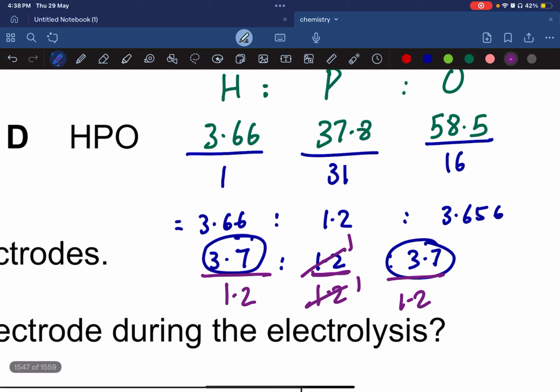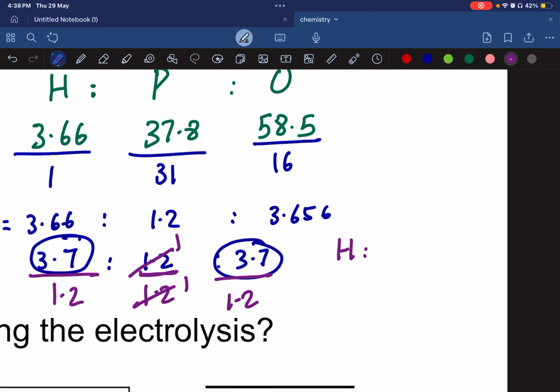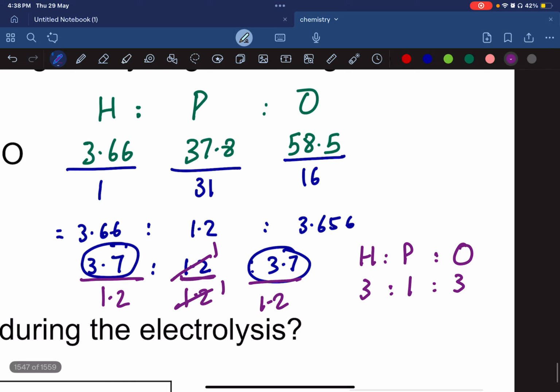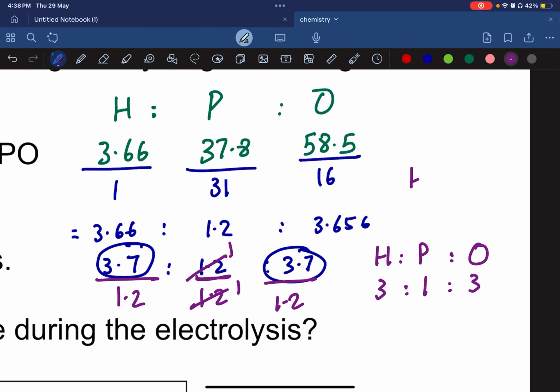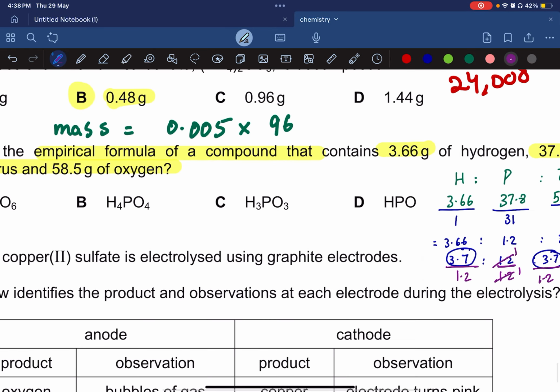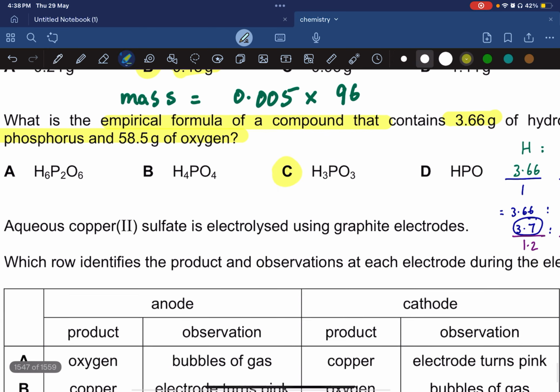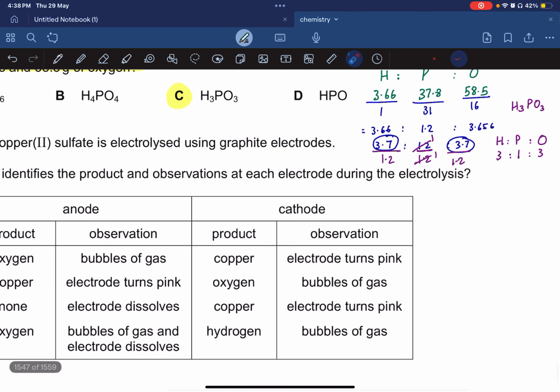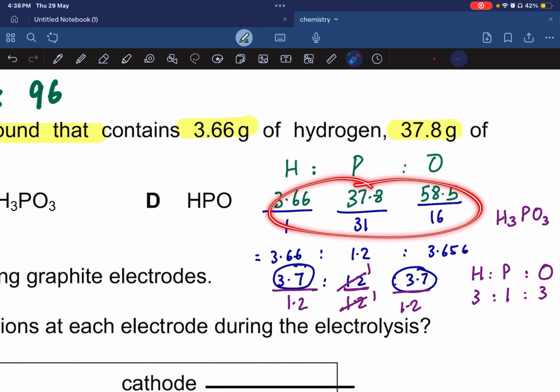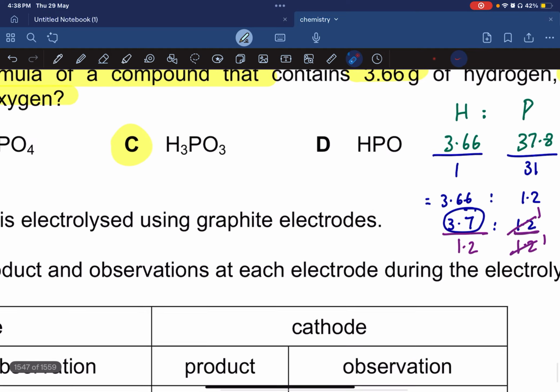So the ratio of hydrogen to phosphorus to oxygen is 3 to 1 to 3. That means the empirical formula is going to be H3PO3, this one right here. So that's the empirical formula. Moving on to the next question. I hope you understood the steps. The first was to find the moles. The second was to divide everything by the smallest mole we got, and that's how we get it.